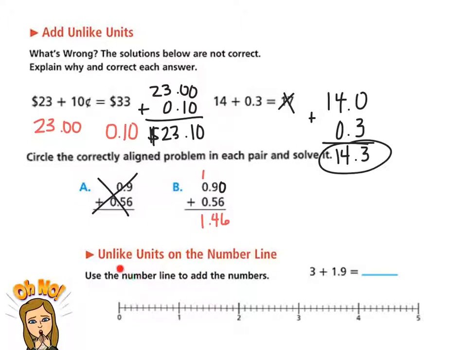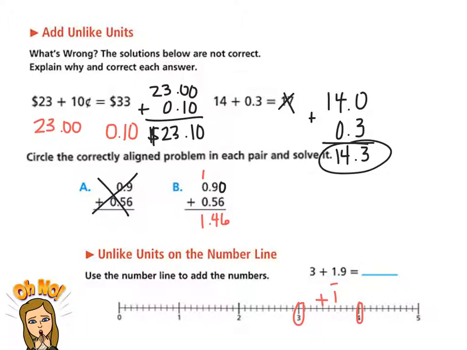Now let's say we have unlike units on the number line. A lot of kids are like me where they're visual learners. We like to use the number line to help us add. So if I start at 3, the whole number 3, on my number line, that would be here. And I'm adding another whole, so I'd be at 4, so plus 1.